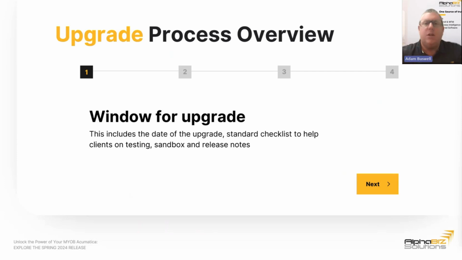So what happens is MYOB have a portal that we are regularly checking to give us the information about when the upgrade windows are coming for our clients. Because it is a cloud-based program, MYOB obviously are putting those dates out and doing those upgrades. So we do make contact with our clients and let them know, hey, you've got a major upgrade coming.